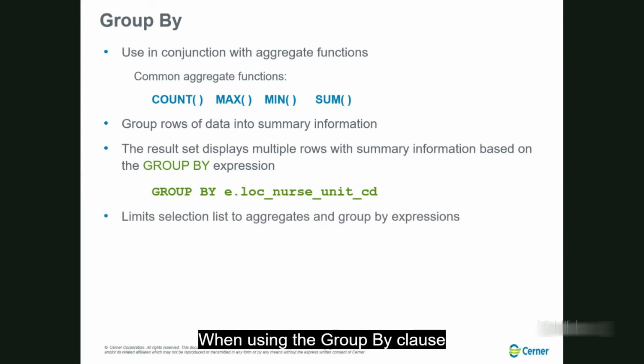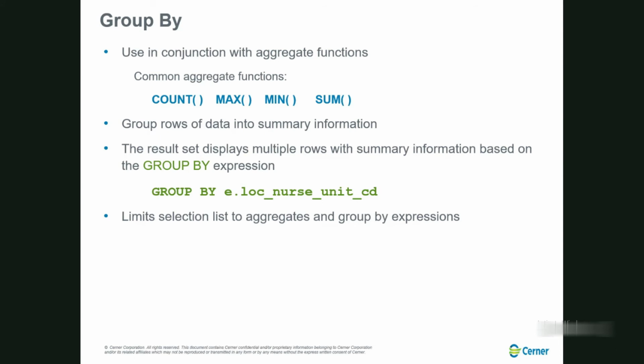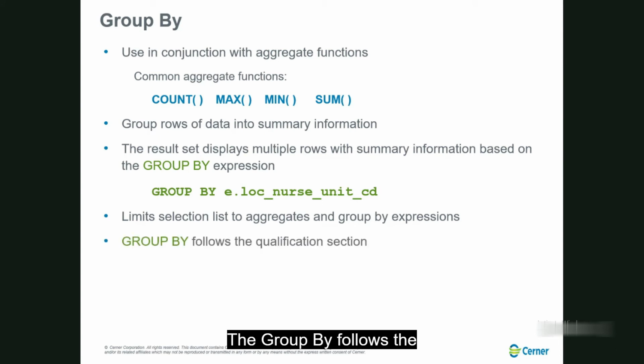When using the group by clause, we are limited to select expressions that are constants, aggregate functions, or expressions from the group by clause. The group by follows the qualification section of the select. The group by can be placed in parent queries or in nested selects.